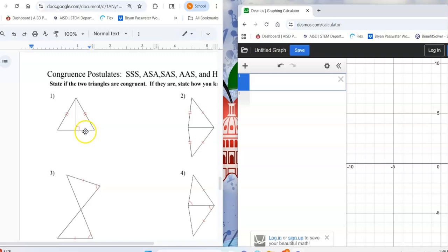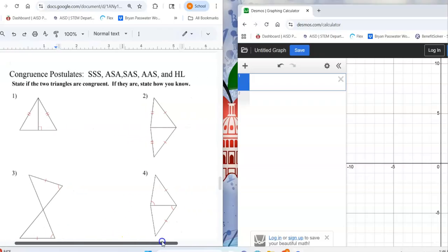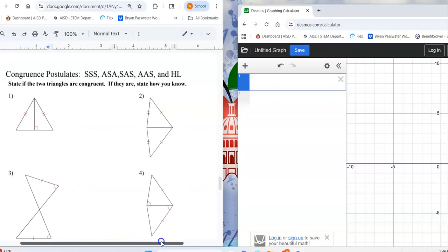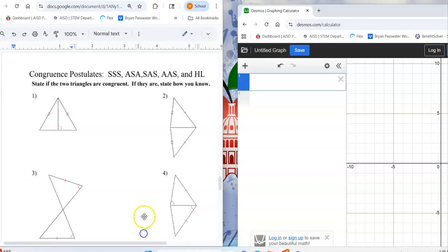All right, number one is actually not necessarily congruent. It has an angle, it has a side, and it has a side. Notice our options are SSS, ASA, SAS, AAS, and HL. There are other abbreviations, but these are the only ones that really work to create congruence.